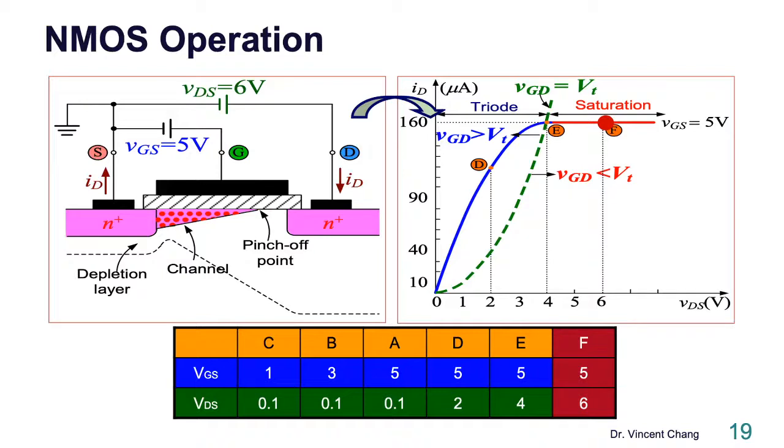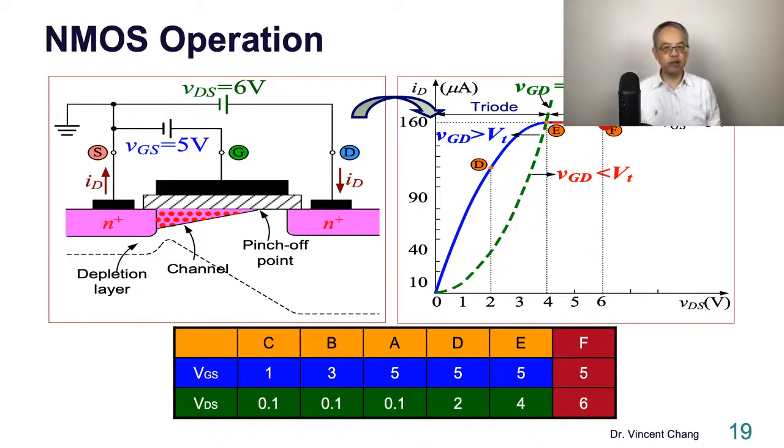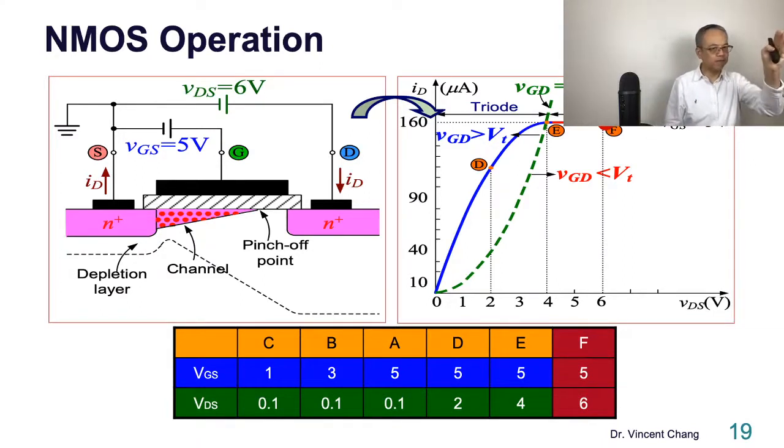Saturation. Let me repeat. From left to right: triode, boundary, saturation. 3 is greater than 1, triode. 1 equals 1, boundary. Negative 1 is less than 1, saturation.